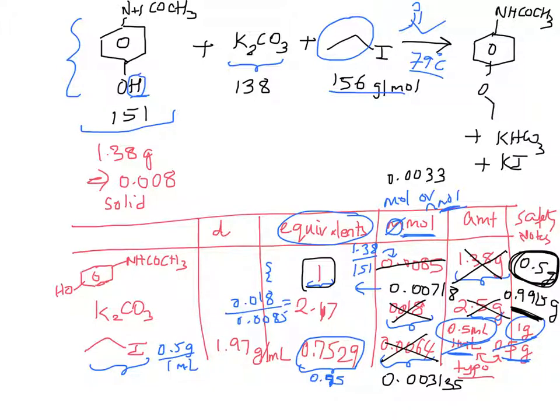And so we would multiply that times 156, because that's the molar mass of ethyl iodide, and that gives me a value of 0.489 grams. And 0.489 grams, if I divide that number by the density, which is 1.95, you get 250.8. That means 250.8 microliters could be taken to set up this reaction.